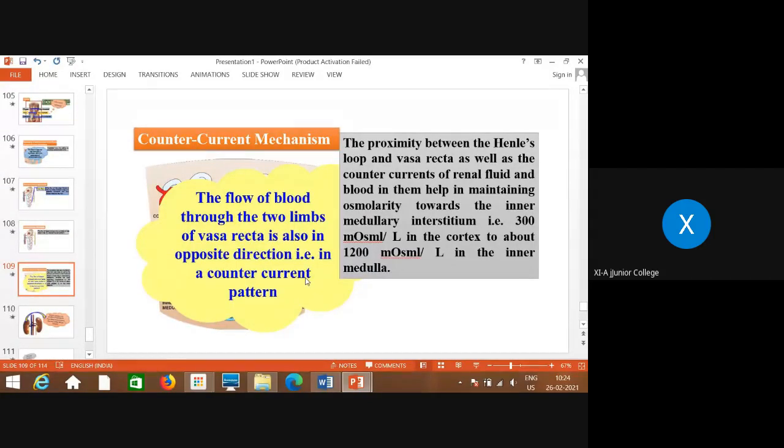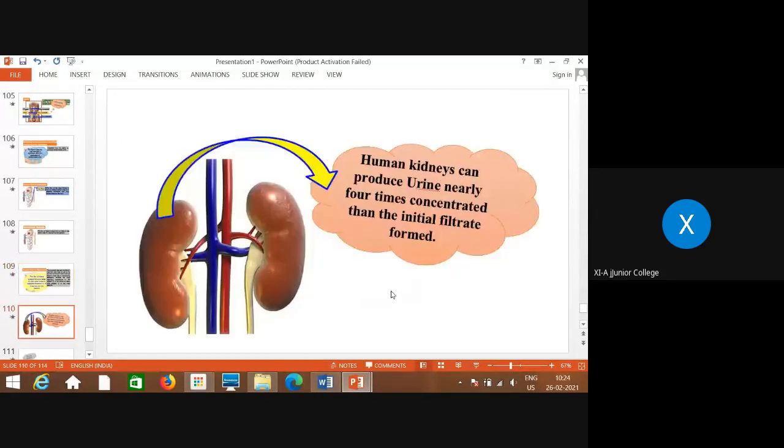Because of this counter current mechanism, maximum reabsorption takes place, as both the limbs of the loop of Henle and the vasa recta are in opposite directions. This is called the counter current pattern, which helps in maintaining the osmolarity, that means the solute concentration, which is generally 300 milliosmoles per liter in the cortex and about 1200 milliosmoles per liter in the medullary region respectively. So human kidneys produce urine nearly 4 times more concentrated than the initial filtrate.